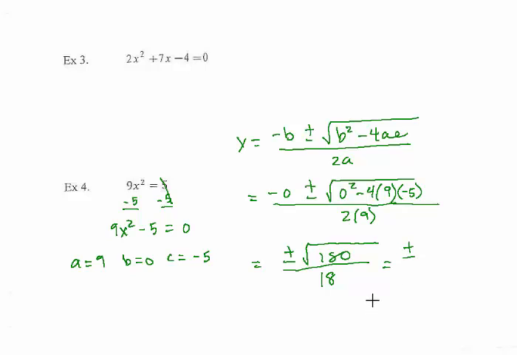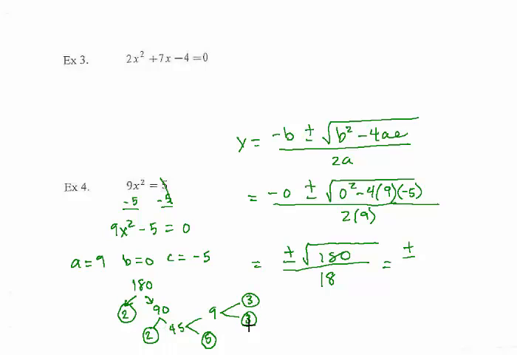So let's see, what we'll do is we'll go off to the side and prime factor 180. So we've got 2 and we've got 90. 90 will give us a 2 and a 45. 45 will give us a 5 and a 9, and 5 is prime, 2 is prime, and then 9 will give us 2 3s.